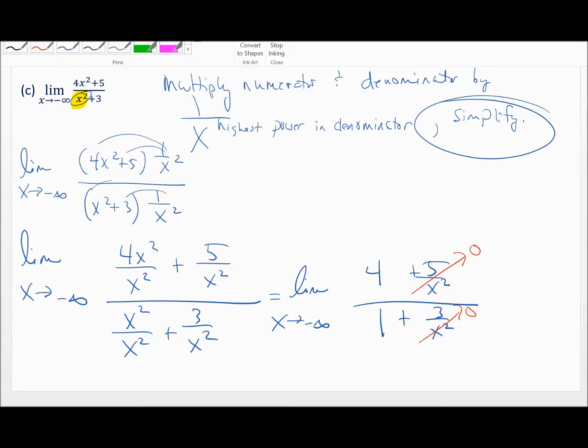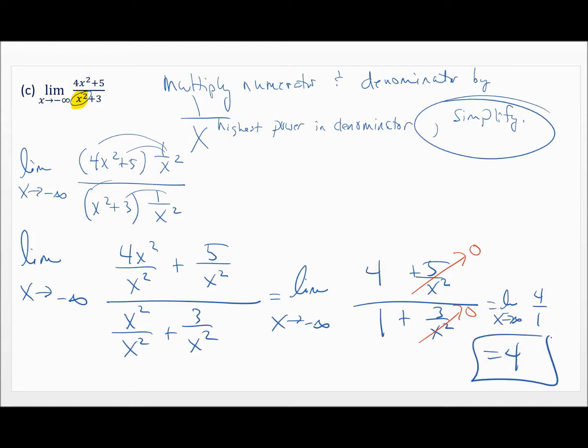So what are we left with? We're just left with the limit as x goes to negative infinity of 4 over 1, which is just 4. So this limit is 4. It also means we have a horizontal asymptote as we approach negative infinity of our x value. Our y value is 4.